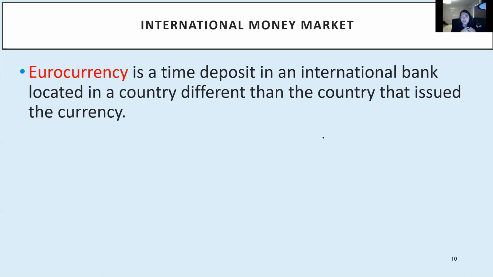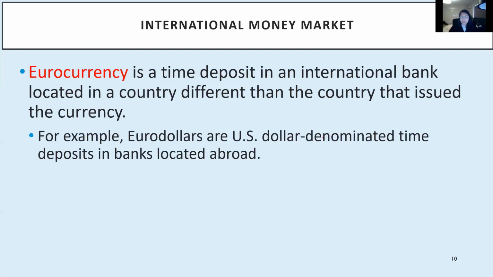For these kinds of debt instruments, we say that they are denominated in the euro currency. So when we say the euro currency, we are talking about a currency that is traded in a country different than the home country, okay? So for example, euro dollars are US dollar denominated instruments traded in countries other than the USA.